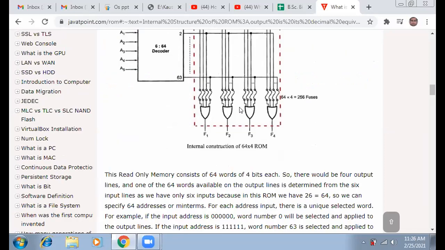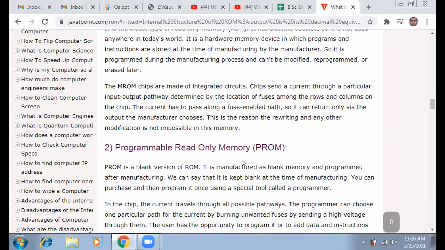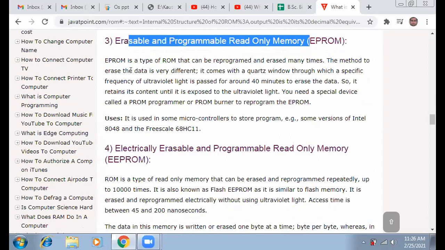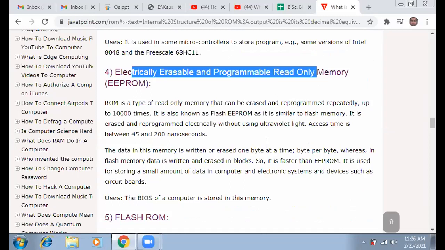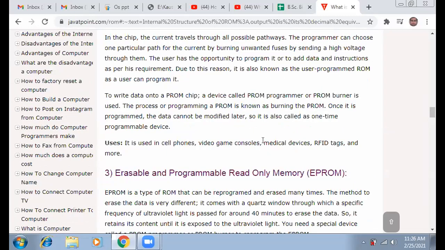Now the ROM can be divided into four types: programmable ROM, erasable programmable read-only ROM, and electrically erasable programmable read-only ROM. Actually, ROM chips are generally programmable in nature.